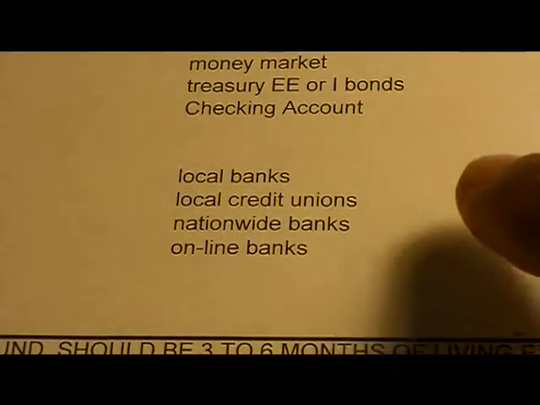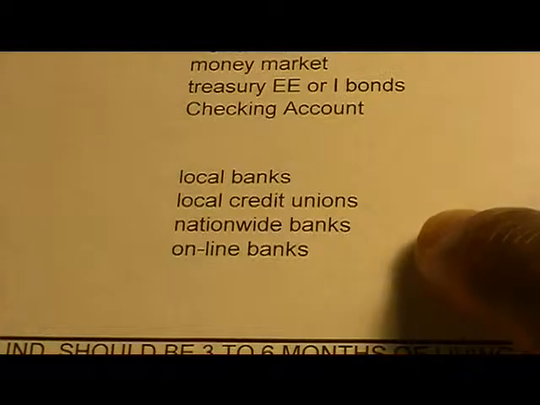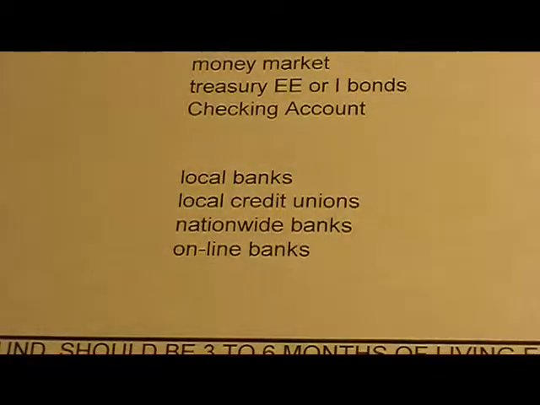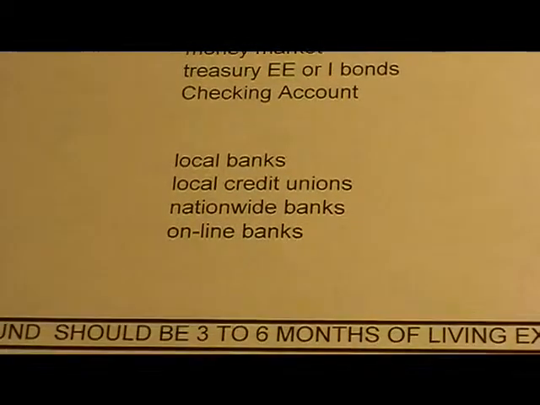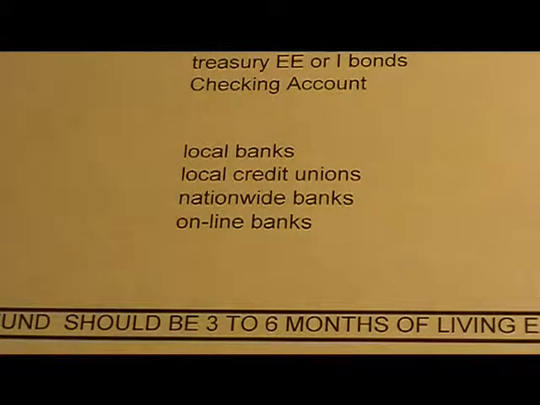And that's why nationwide banks is also a good option, because if the bank has branches throughout the United States, you can go into any branch across the United States and have access to your money.